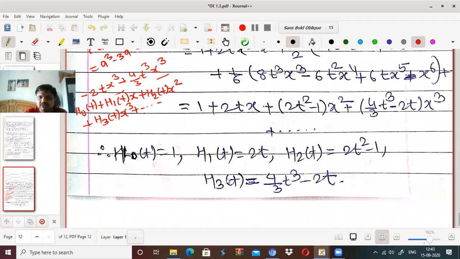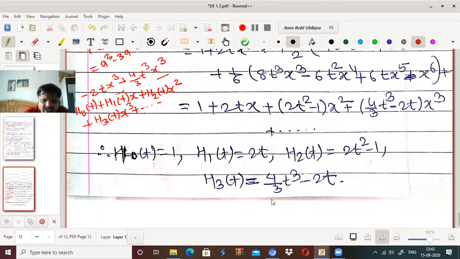And h3t equals the coefficient of x cube, 4 by 3 t cube minus 2t. That is, equating coefficients of same powers of x, we get h0t equal to 1, h1t equal to 2t, h2t equal to 2t square minus 1, h3t equal to 4 by 3 t cube minus 2t and so on.